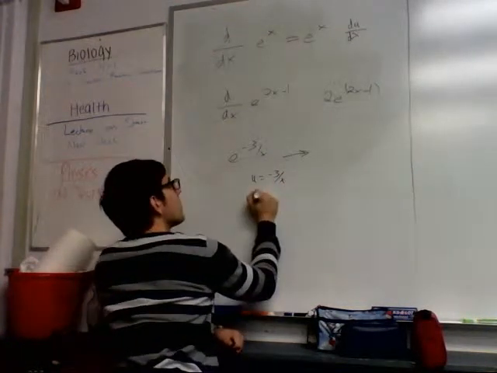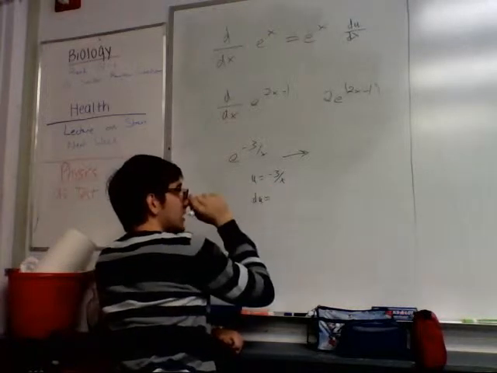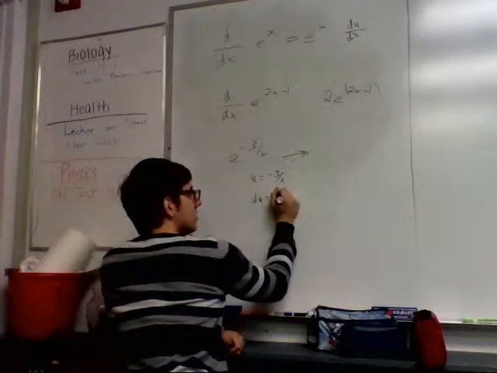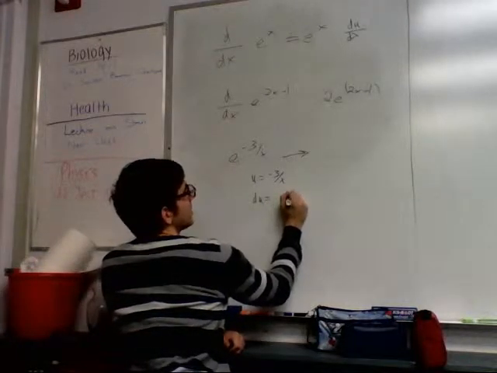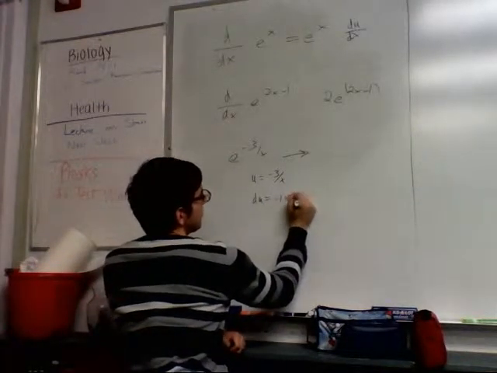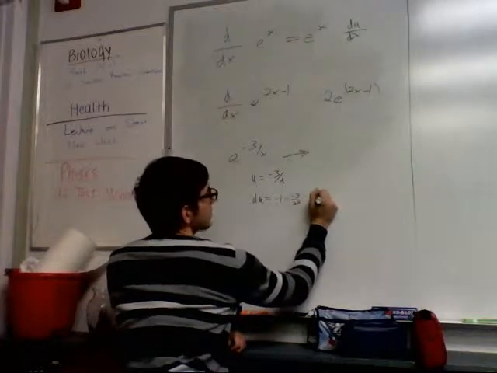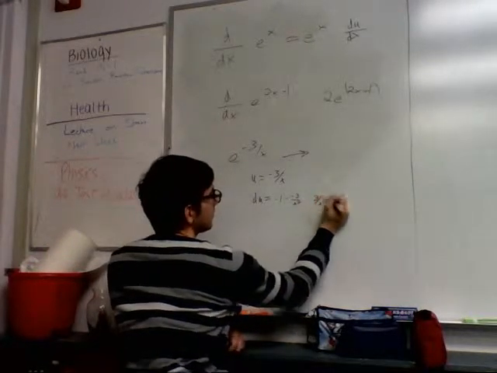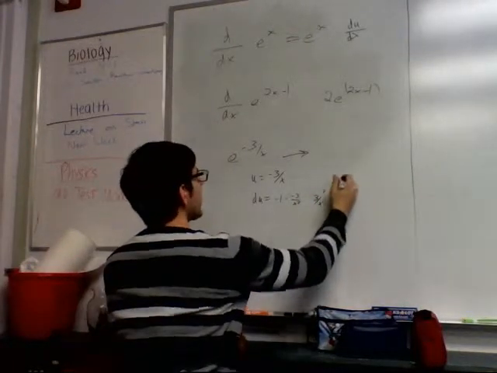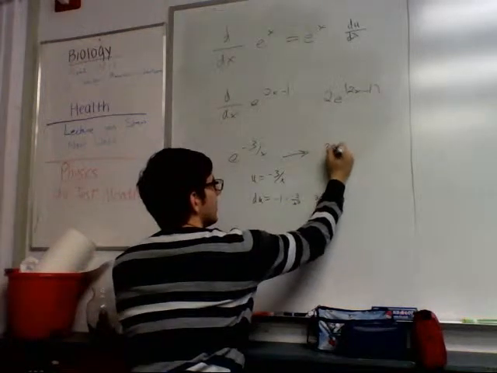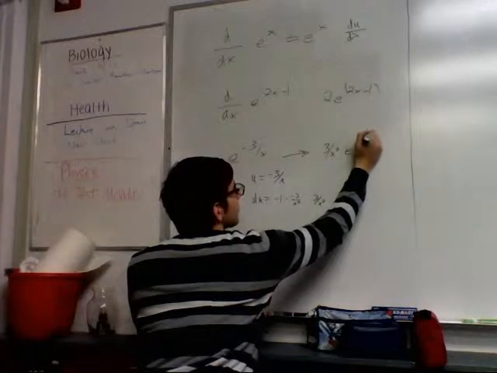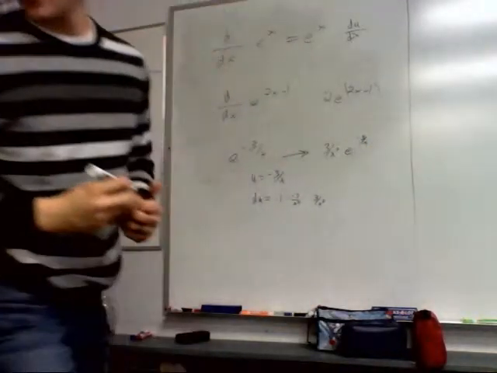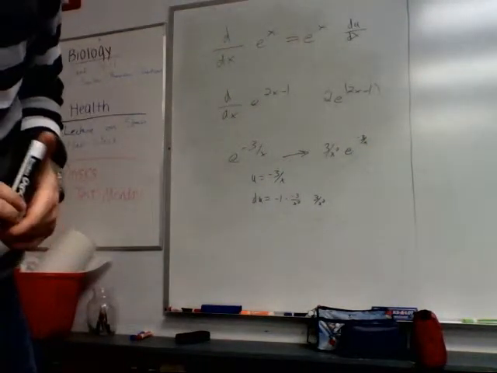So that's useful when we have more complicated stuff. du is going to be equal to, well, we have a minus 1 times minus 3 over x squared. So we get a 3 over x squared term there. And so that leaves us with 3 over x squared e to the minus 3 over x. And that is the answer we get in the book.